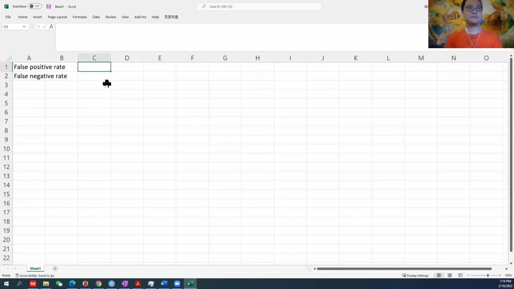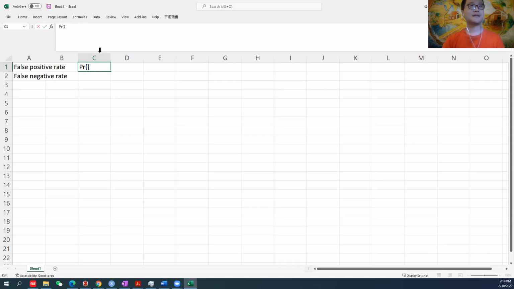Let's understand them correctly first. A false positive rate is when a person did not have COVID, but tested positive for COVID, right? This probability would be written in this way, where P means probability.